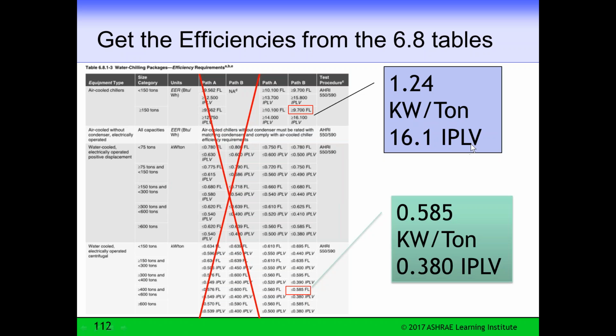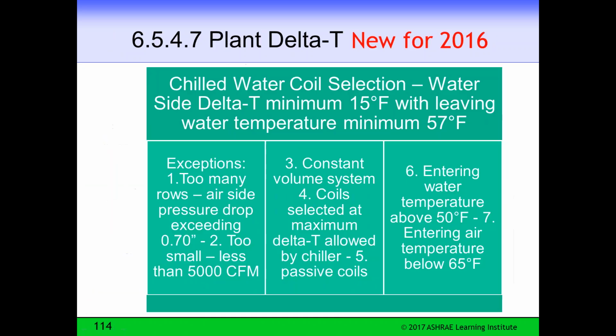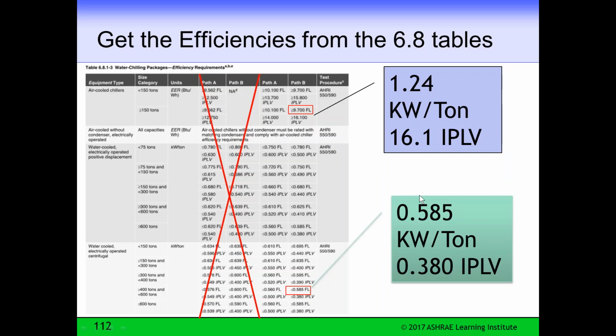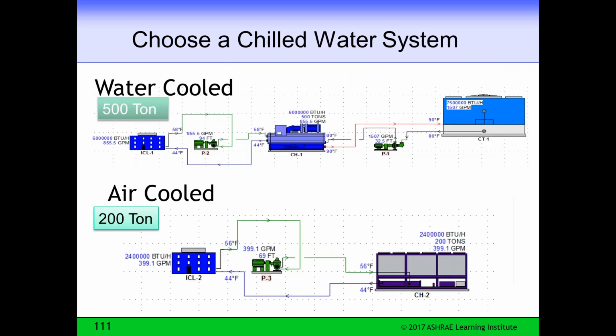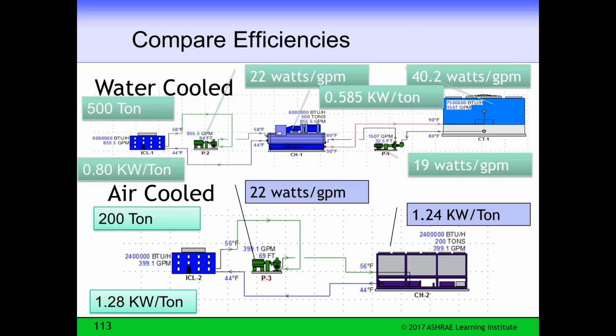Now, a manufacturer will tell you you're cheating a little bit because the test procedures are not quite the same for air-cooled as water-cooled, but basically this is as good a comparison as a standard engineer that doesn't work for a chiller manufacturer can run. So then we look at a water-cooled chiller, and it's way down at 0.585 kW per ton and a 0.38 IPLV. Again, that's a 500-ton chiller versus a 200-ton chiller.